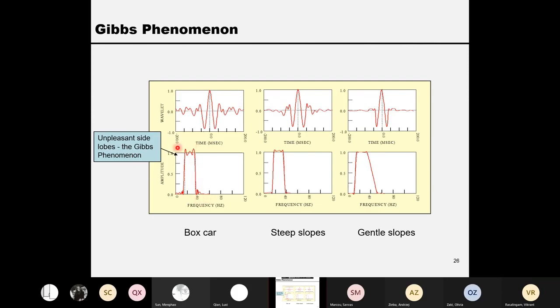Between this frequency and this frequency, you keep the signal, which means you multiply by this coefficient in your filter, and the outside should be 0. But here you can see it's not exactly 0, so you do not filter completely. You have some leakage of the filter. This is the Gibbs phenomenon.